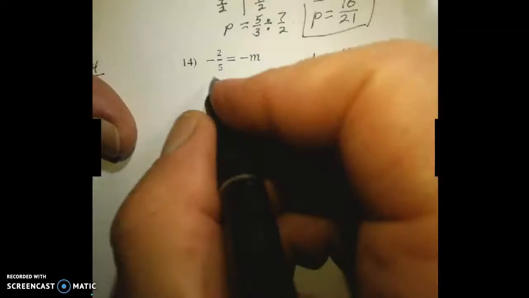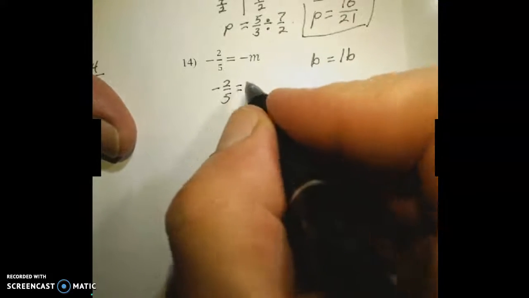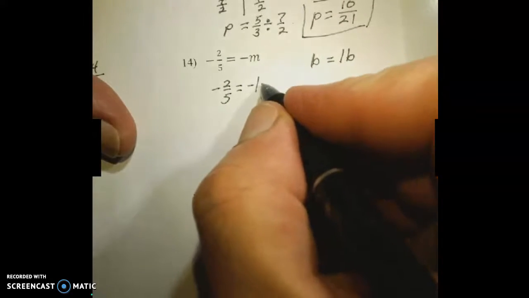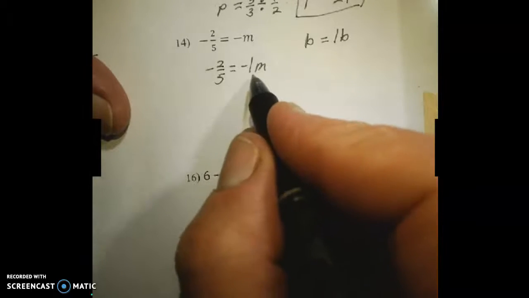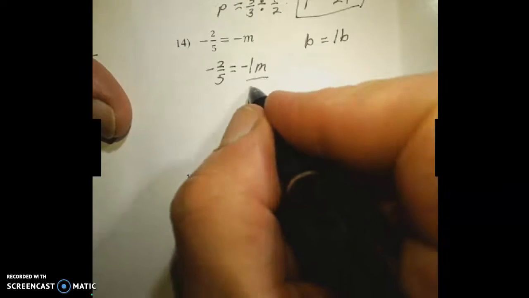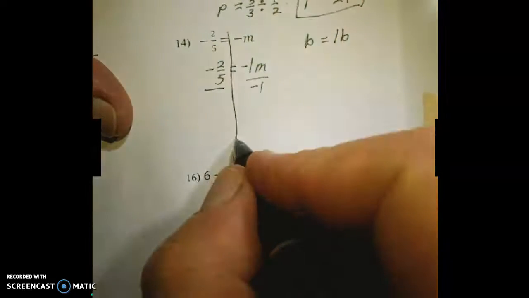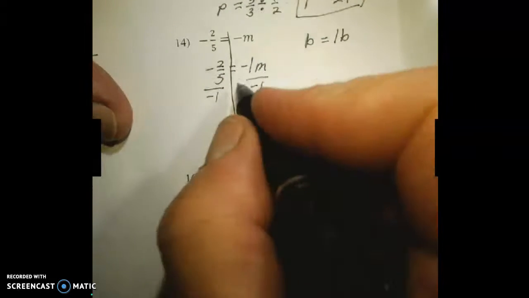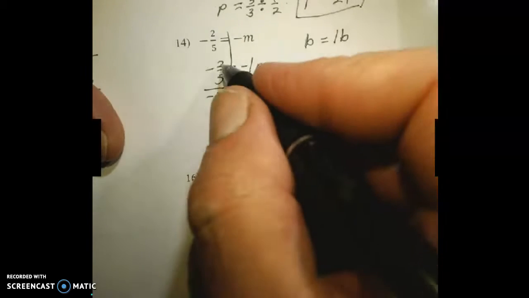That helps you here. If you think of it as negative 2/5 equals negative 1m, then it's easy to see, oh, they're multiplying by negative 1, so you want to divide by negative 1. Both sides, again, your equal sign's coming straight down. On the left, a negative divided by a negative is a positive.